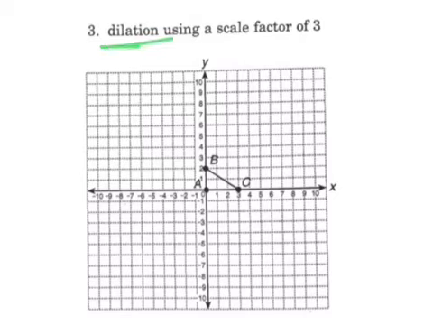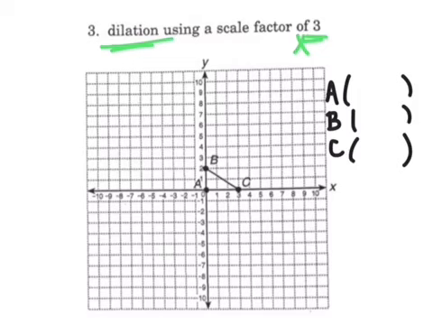Number 3, this transformation is a dilation by a scale factor of 3. A scale factor of 3 means we're going to multiply every ordered pair by 3 to make the new figure 3 times larger. So first I like to write down the original ordered pairs and then my new ordered pairs. Let's do the original ordered pairs first.